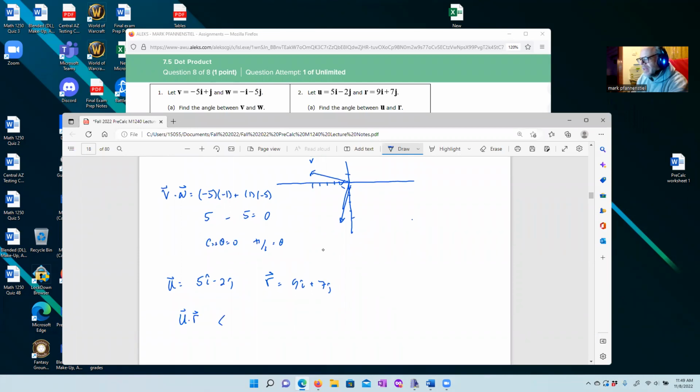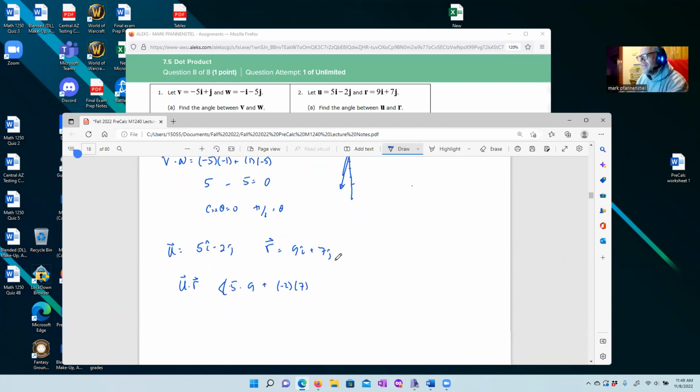That's going to be 5 times 9 plus negative 2 times 7. 5 times 9 minus 2 times 7. That doesn't strike me as anything, it doesn't look like it's helping. It's like 30-ish.